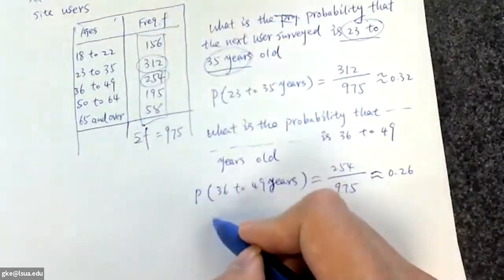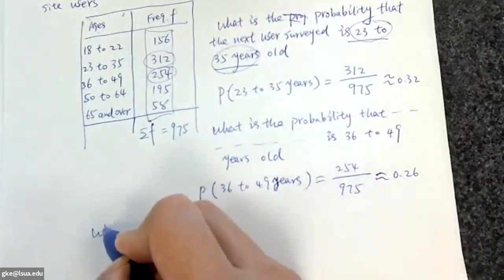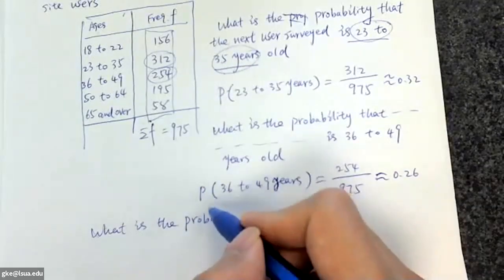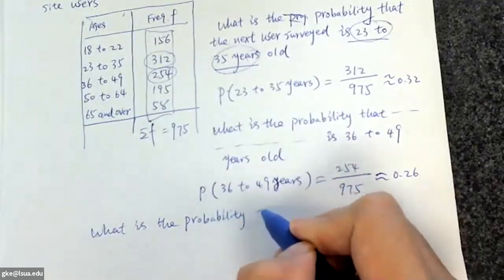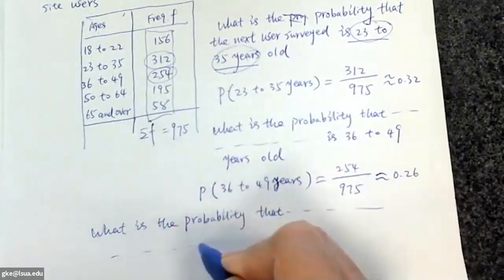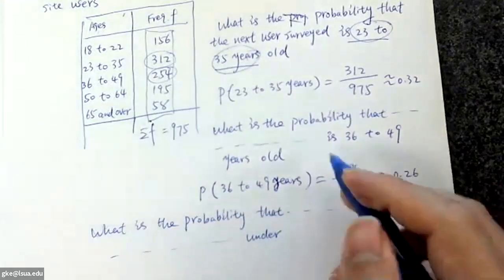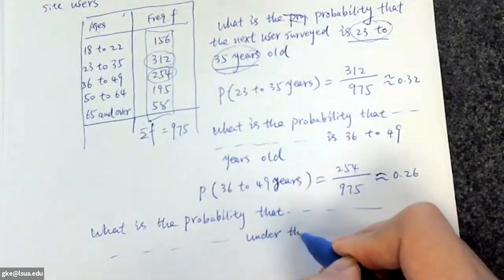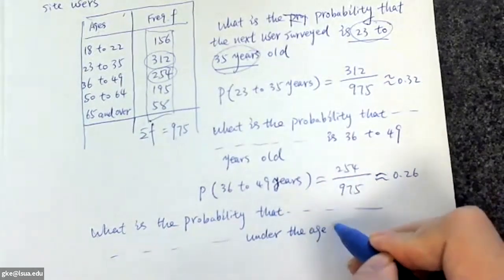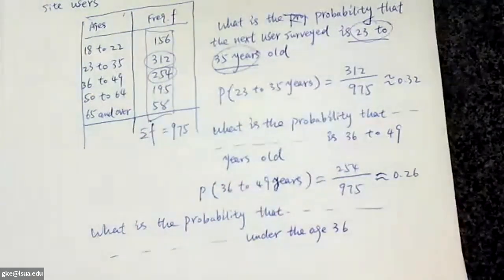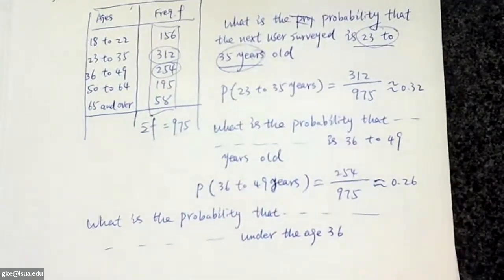Let's try another one. What is the probability that the user is under the age of 36? 0.48.